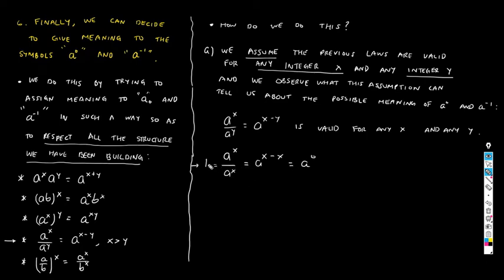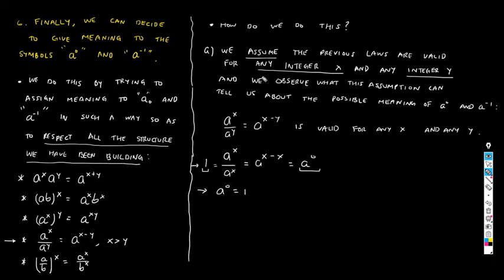So all of this chain of reasoning, or all of these nested equations, tells me that 1 is equal to a to the 0, like this.